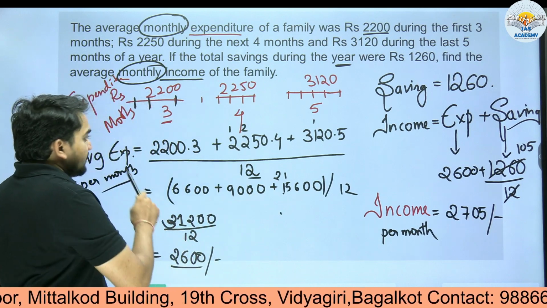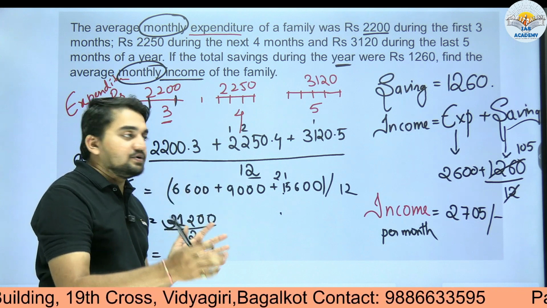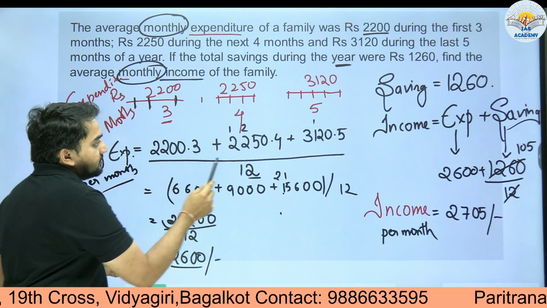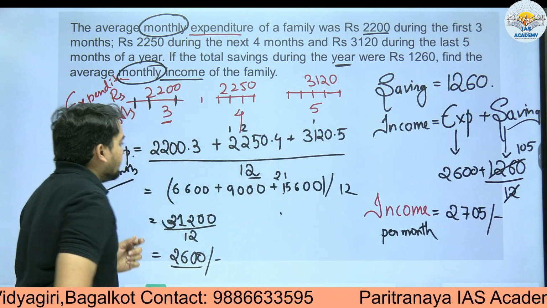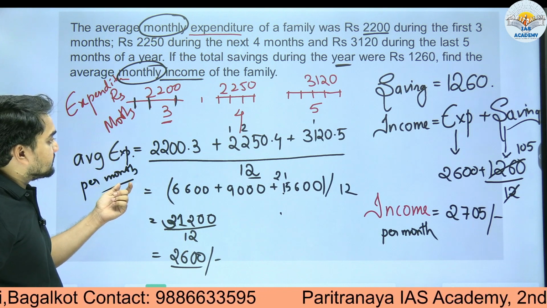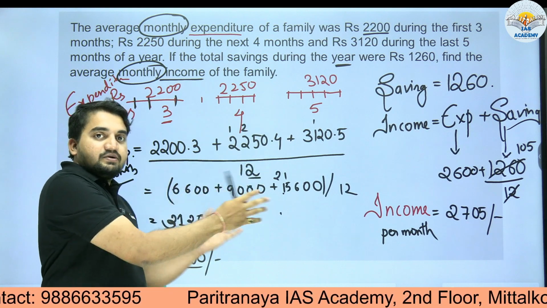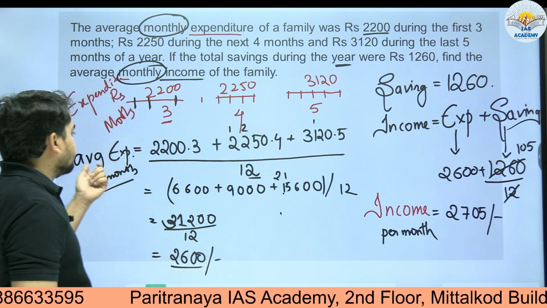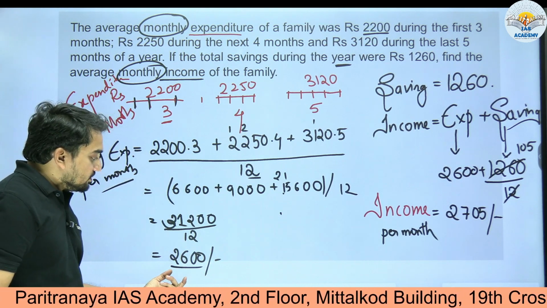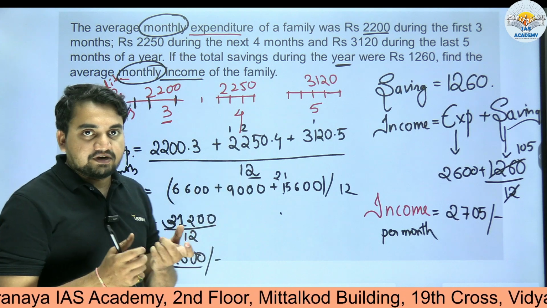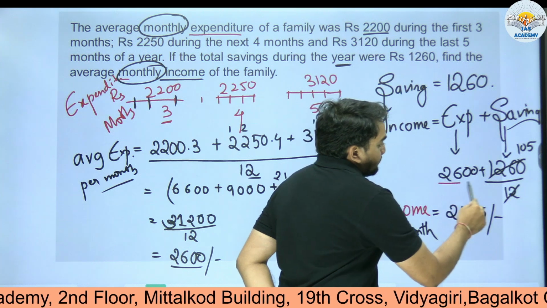For the whole year, that is 12 months, total expenditure is 2200 into 3, 2250 into 4, 3120 into 5, whole divided by 12. That is nothing but sum of observations divided by number of observations. Obviously it is an average value. If we solve, we get 2600. This value is the family's expenditure per month.